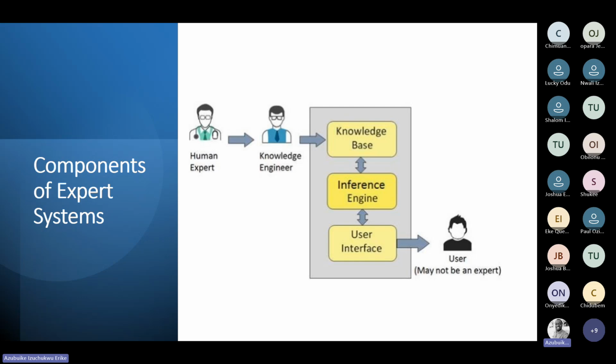So the very first component, when we talk about experts, we are talking about the domain person or the domain professional, a professional in a particular domain. So the component of an expert system largely includes that particular domain professional.